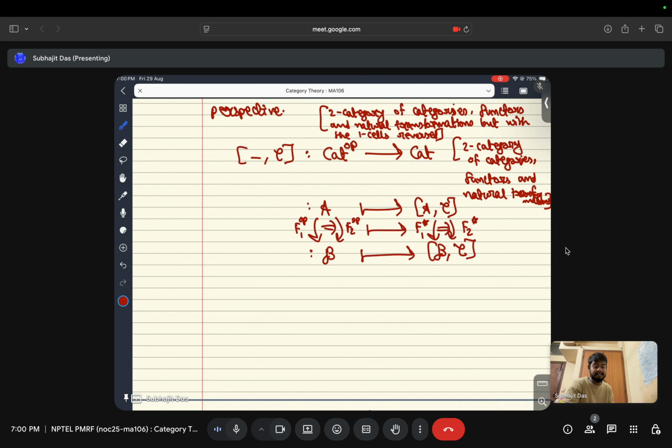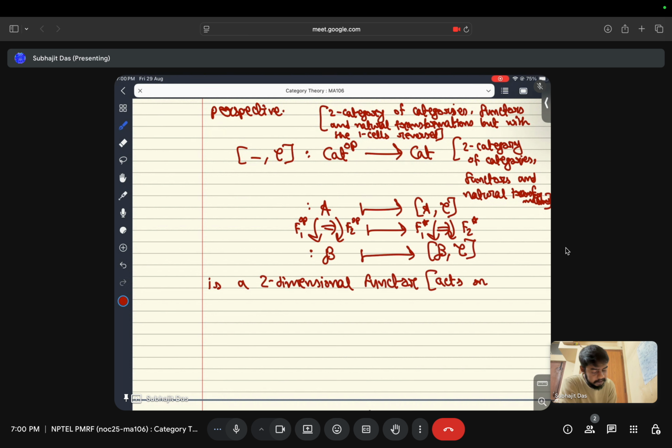But the point is that this is a two functor, a two-dimensional functor, something called a two functor, that is, roughly speaking, acts on objects.